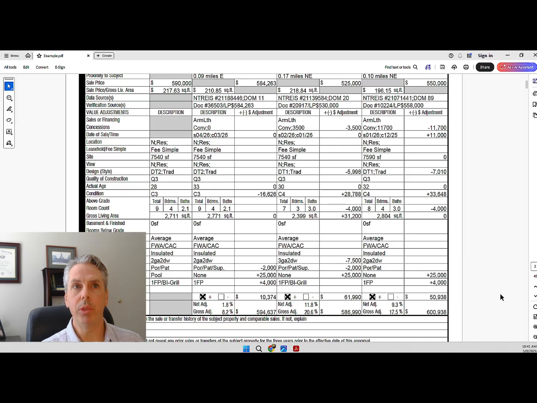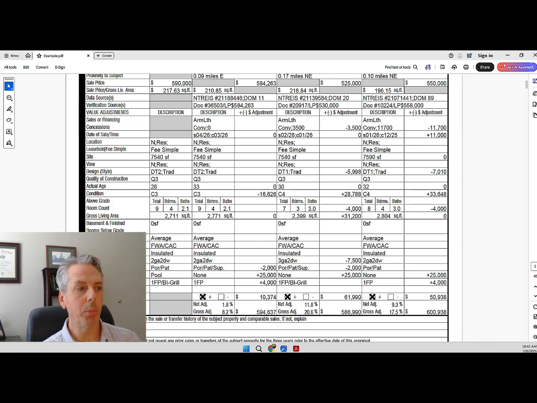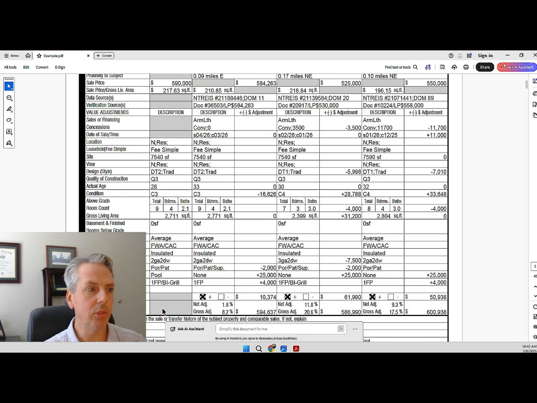So the question of which one is weighted most or least or how that's done really needs to be a separate question from those physical locational type elements of comparison, because what we're saying when we have this line that says adjusted sale price of comparables is this is the pricing if this property were equivalent to the subject.